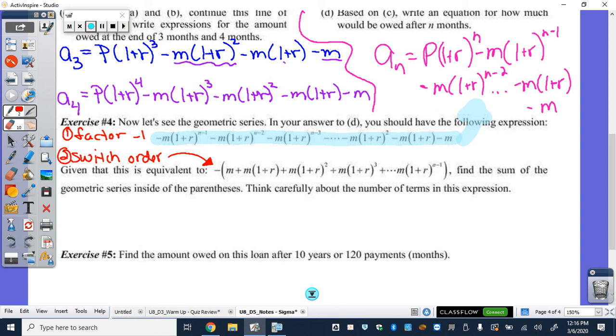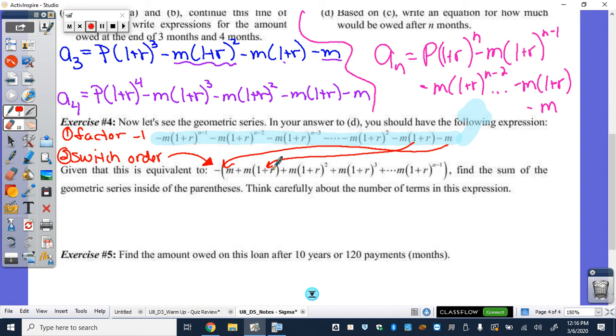And that got me there. So I turned everything positive now by factoring out a -1. And I used that commutative property and I just changed my order so that my m at the end is now first, and then that one's second, so on and so forth. So it looks a little bit more like a series that we're used to seeing.